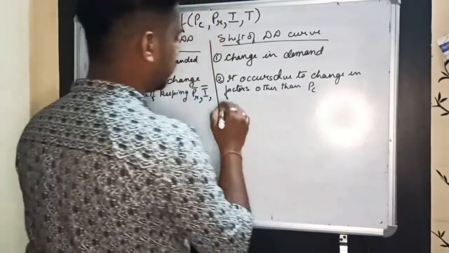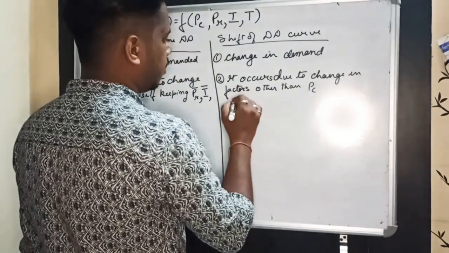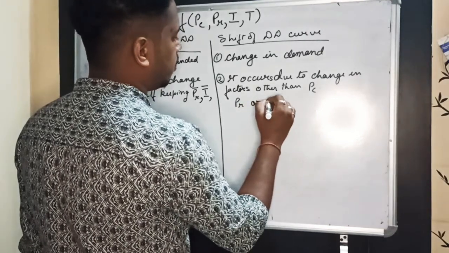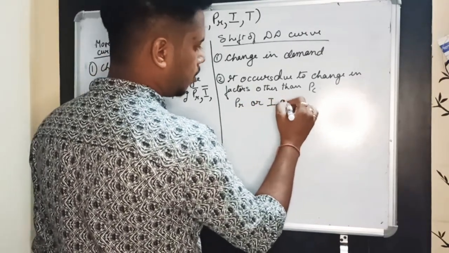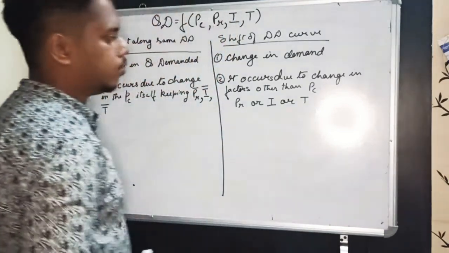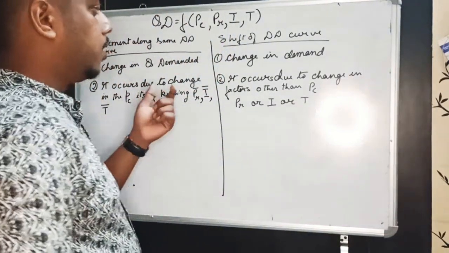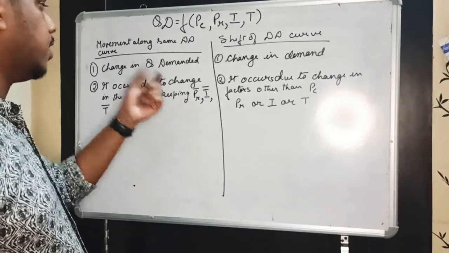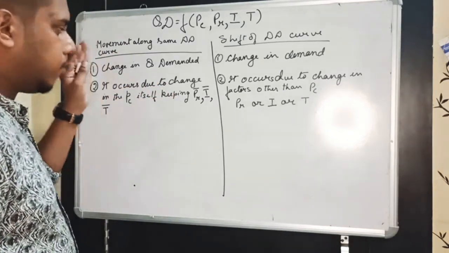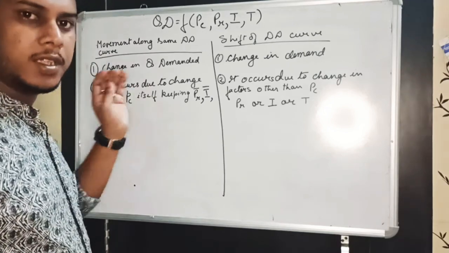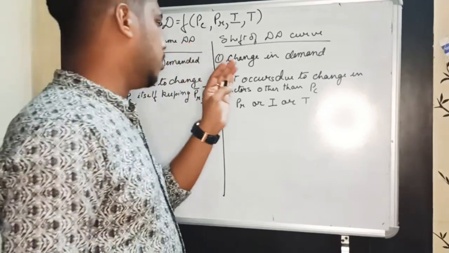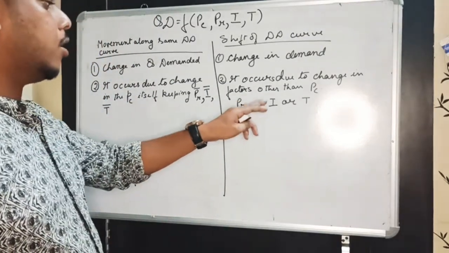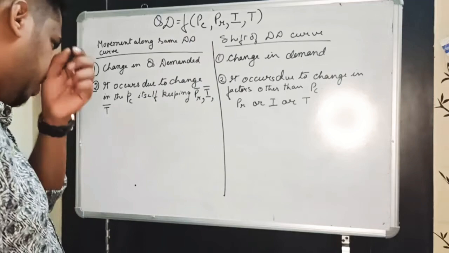That means it occurs due to change in PR, or it occurs due to change in I, that is income, or taste and preference. Okay. So the basic difference of occurrence is something like the movement along the same demand curve occurs due to the change in the price of the commodity itself, whereas the shift in the demand curve occurs due to change in the related goods or income or taste and preference. Okay.